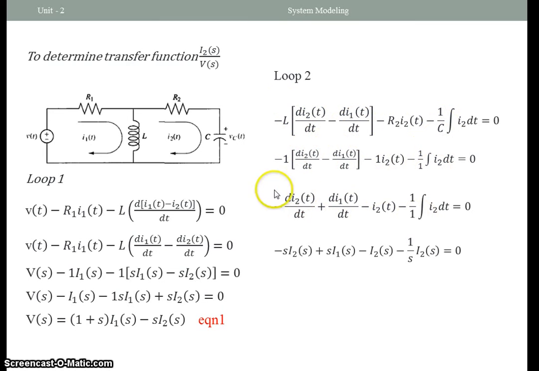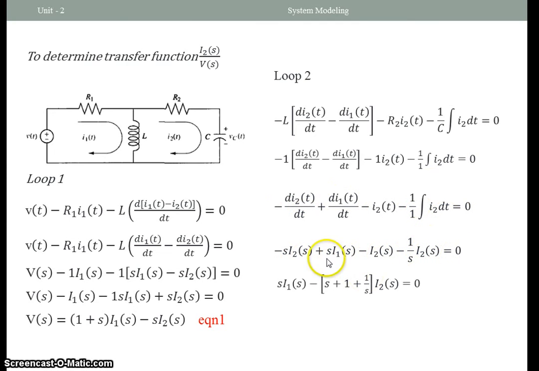Then we just convert this into their equivalent Laplace, so the derivative will be equal to S, and I2 of t will become I2 of S, followed by this term and this term, and the integration is 1 over S, so it will be 1 over S times I2 of S, and all will be equal to 0.